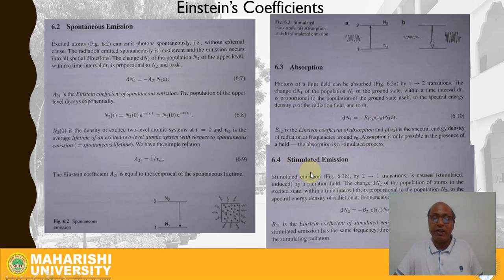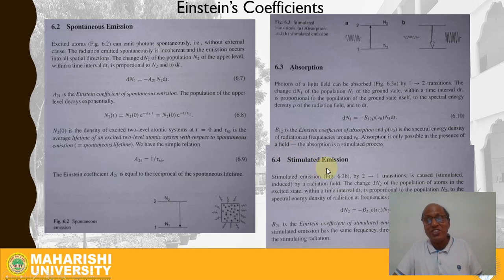Now the third Einstein coefficient is about stimulated emission. Since it is talking about the emission, that means it is talking about the transition from 2 to 1, like in the case of spontaneous emission. The only difference is that, unlike spontaneous emission, this is a case of stimulated emission.